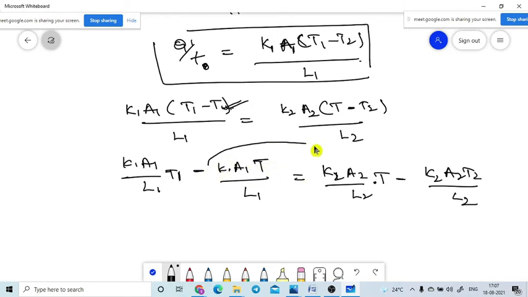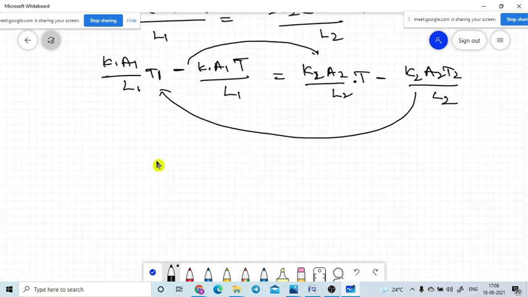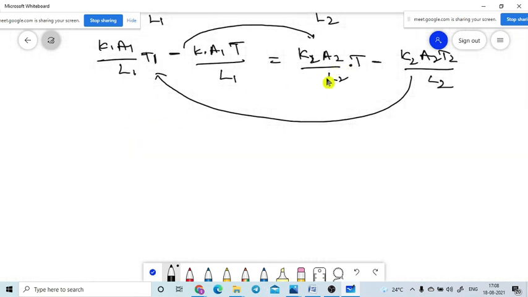The negative terms I send to the other side, and they become positive. On this side I write the terms starting with the A1 terms: K1 A1 T divided by L1 plus K2 A2 T divided by L2.